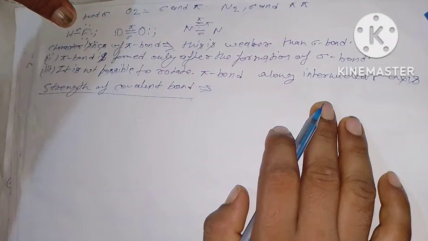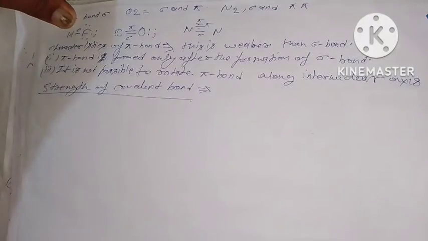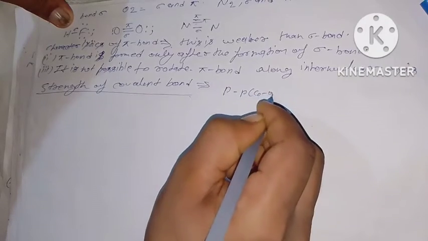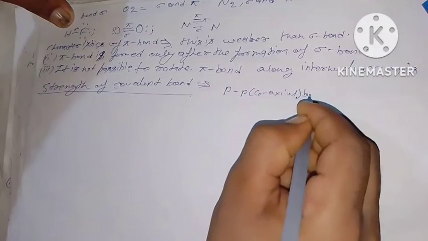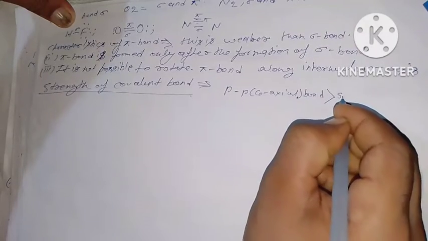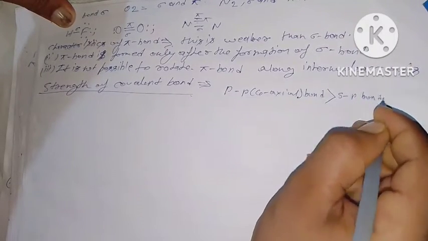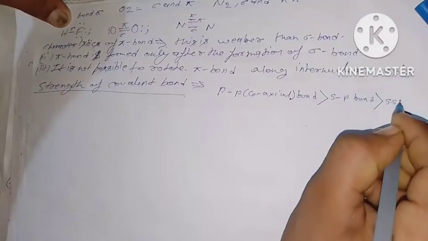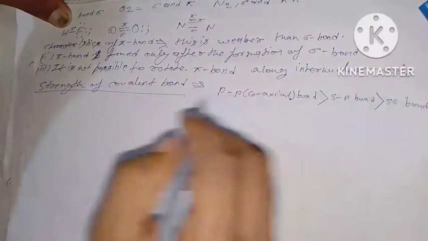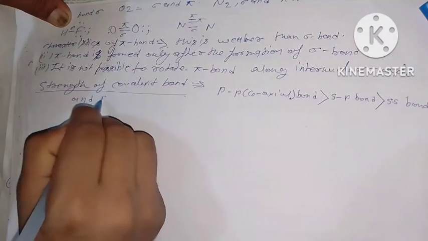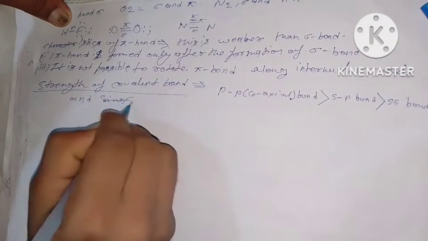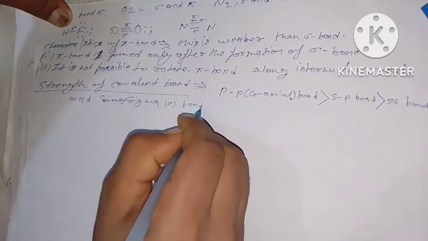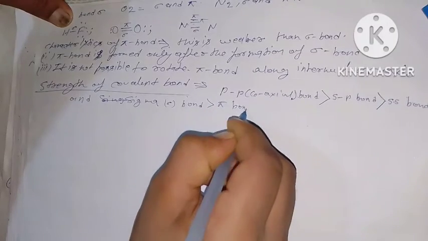Hence the strength of covalent bond follows: PP coaxial is greater than SP, which is greater than SS, and sigma bond is greater than pi bond.